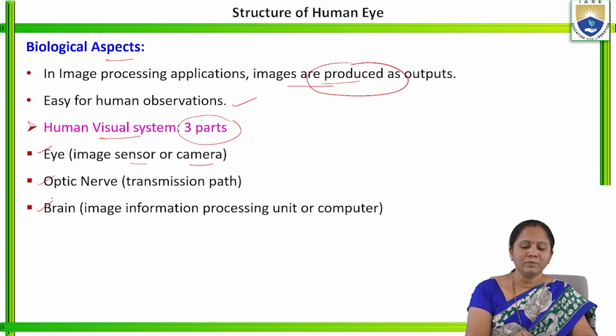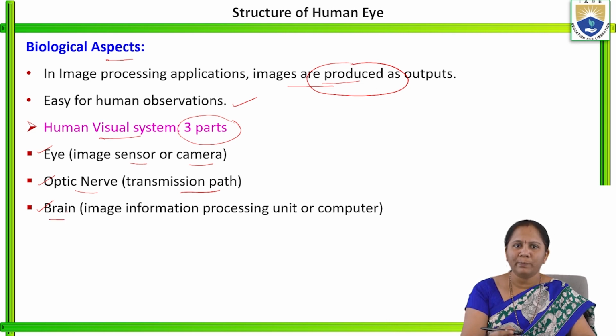The optic nerve can be related to the transmission path. And the brain can be related to the image information processing unit, or the computer. These are the three important parts of the human visual system.